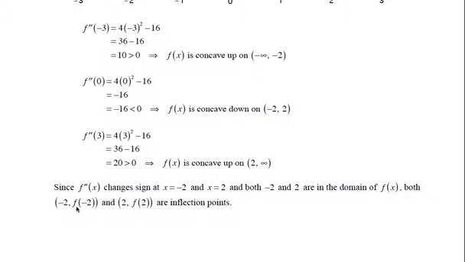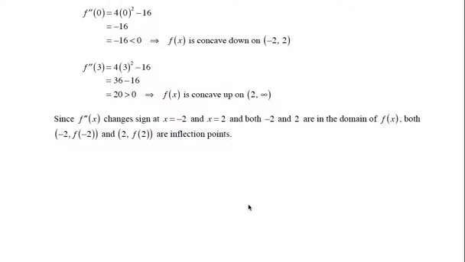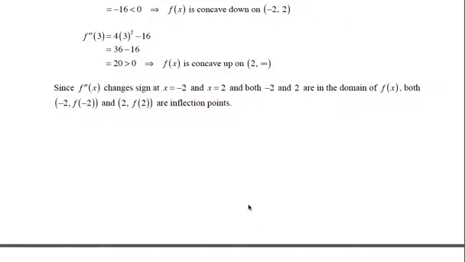Notice that I did not evaluate the function at -2 or +2. I'm going to just leave this as an adequate answer to the question. You don't need to make those evaluations.